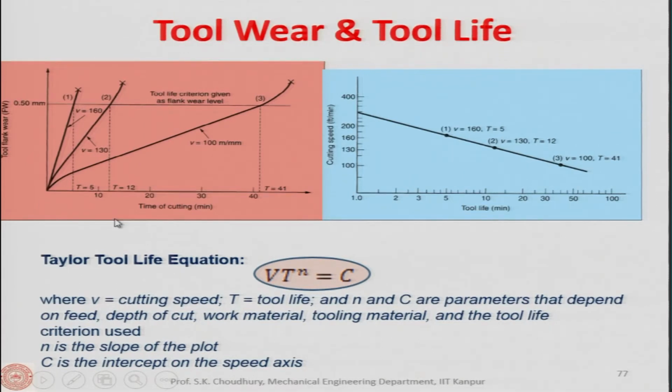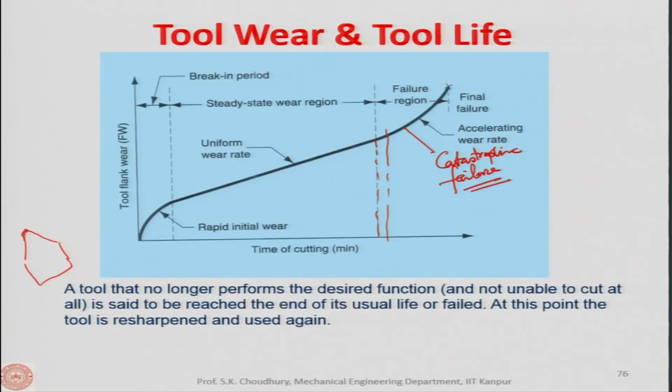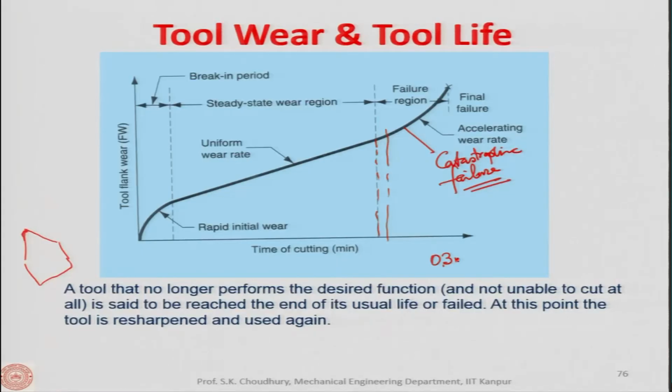And then, as I was saying, deciding at which point the tool has to be taken out for resharpening is very difficult. So, normally what is done is that when the flank wear grows up to 0.3 millimeter, it is taken out. This is HF. What is HF?